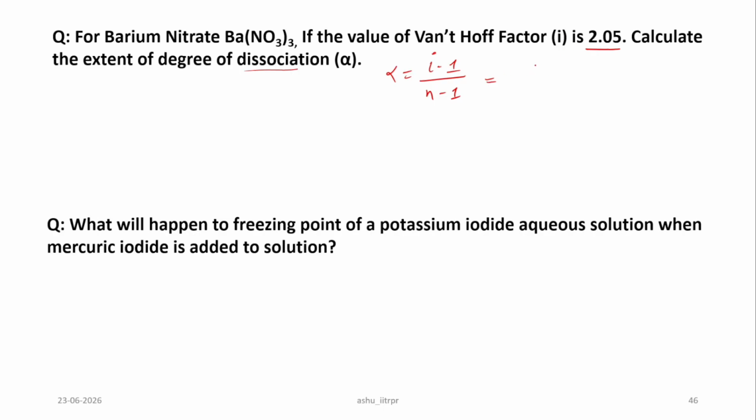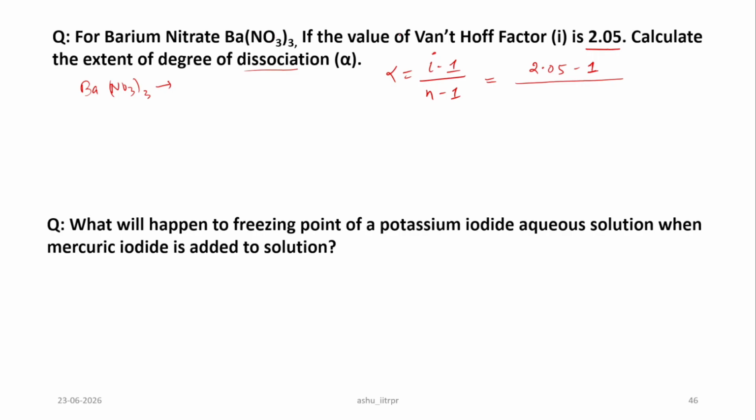I value is given: 2.05 = 1 + (n - 1)α, what is the value of n? Since it is barium nitrate, Ba(NO3) whole thrice. I think the formula here is incorrect.